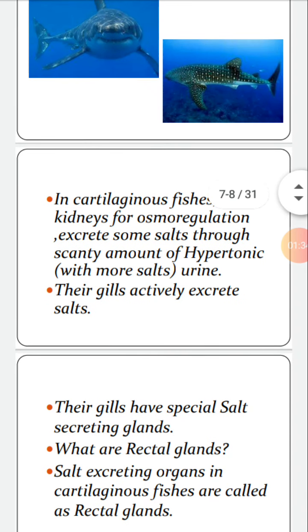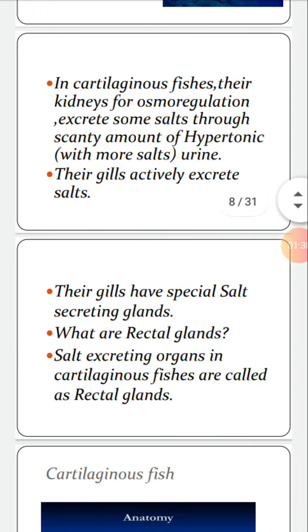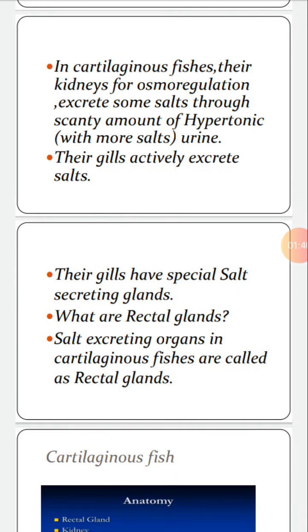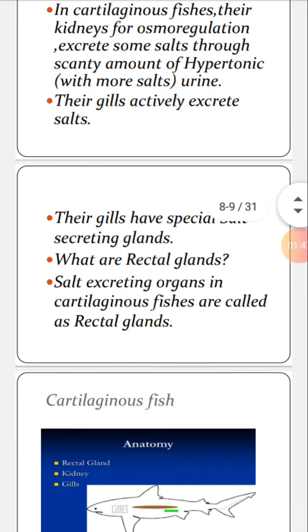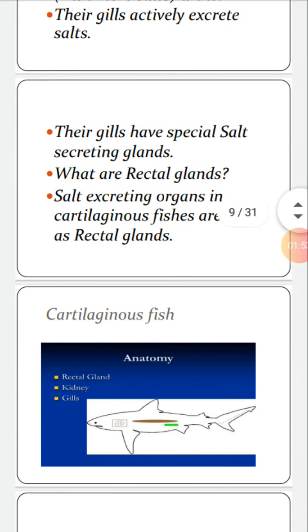Their gills actively excrete salts. Their gills have special salt secreting glands for this purpose, rectal glands. Salt excreting organs in cartilaginous fishes are called rectal glands. Cartilaginous fish, you can see their anatomy or internal structure.